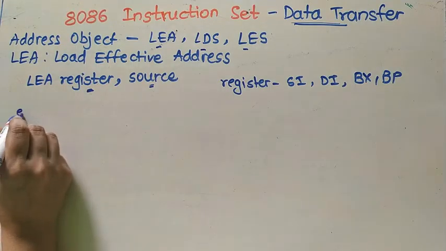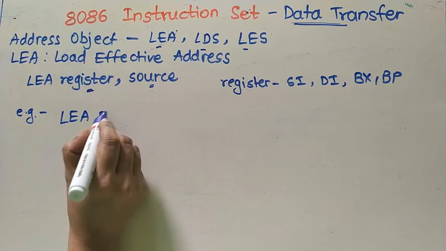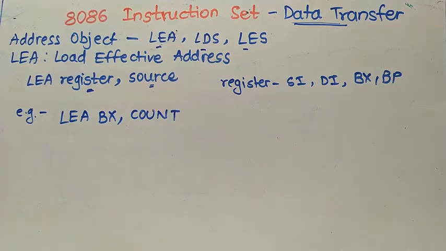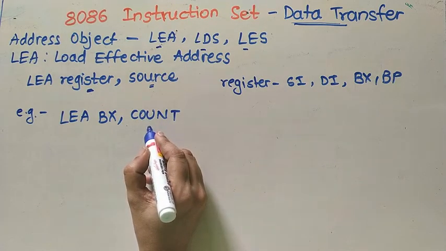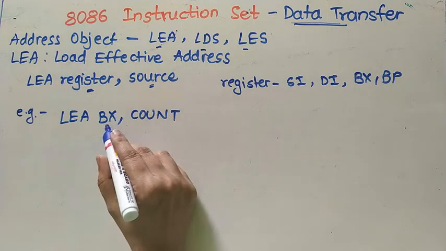Let's consider one example: LEA BX, count. Here the offset address is represented by count, and that offset of count in DS is loaded into BX.